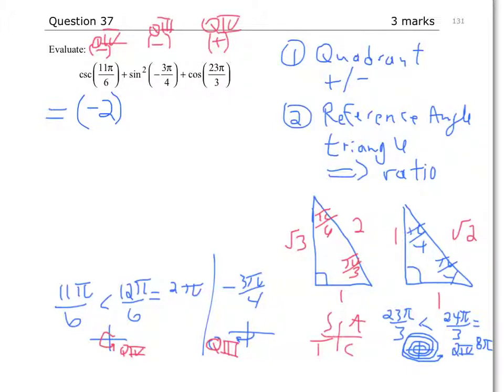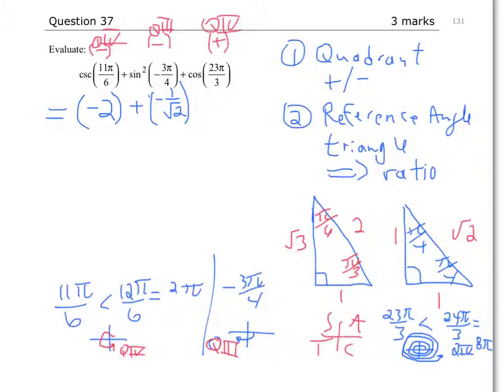So now we need addition. And now we're doing the 3 pi over 4 for sine. So that's 1 over root 2. And we have to make that negative, so negative 1 over root 2. Don't forget, this also has a squared.